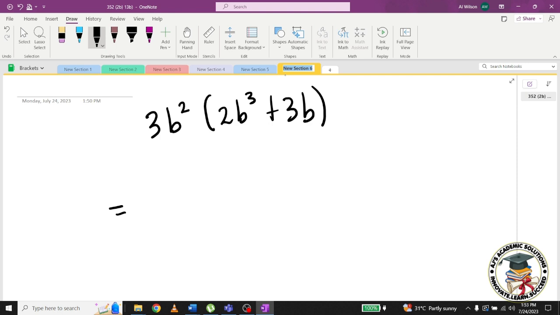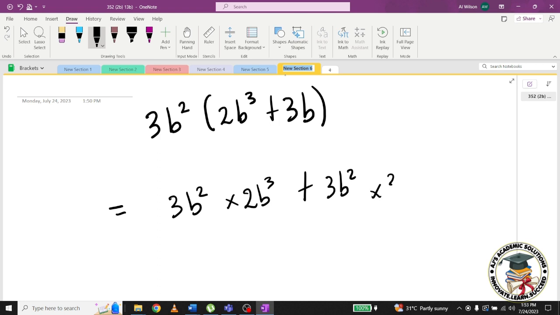Again, I'm not going to be using any arrows for guidance. I will work straight into multiplying. So let's say from this we have 3b squared times 2b cubed plus 3b squared times b. So we have b squared, b cubed and like before, we're just going to add the powers.